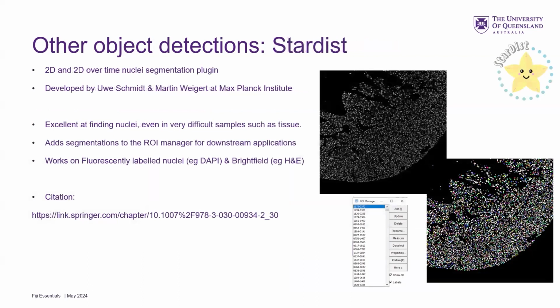As I mentioned, there are these other tools now. StarDist is a published deep learning model. If you use it, it does have a plugin in Fiji. Make sure you cite the paper. It does something like this, where you can have a whole tissue and it finds all the nuclei. It's really good. So we're going to do it the old-fashioned way in the workflow, but this is something that exists.